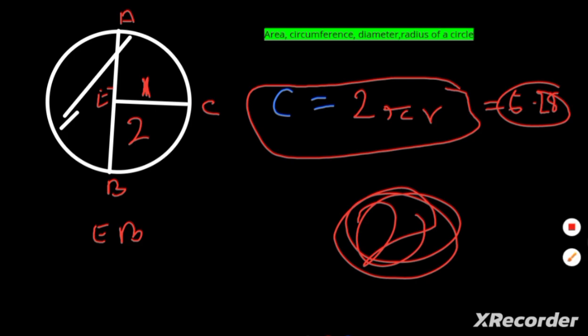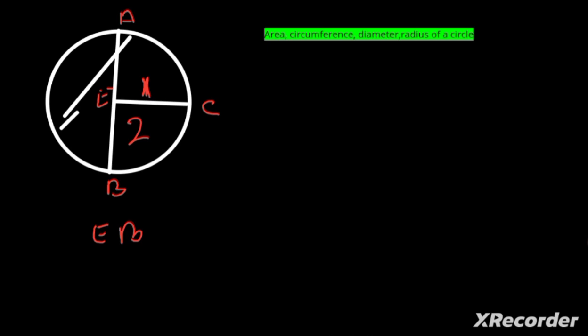So we have discussed all the major key points, the parts of the circle, the circumference, and what is pi, and we should know the area of the circle too. Circumference of the circle means the perimeter of the circle. We know the formula for the perimeter, and we should also know the formula for the area of the circle. The area of the circle is equal to pi r square.